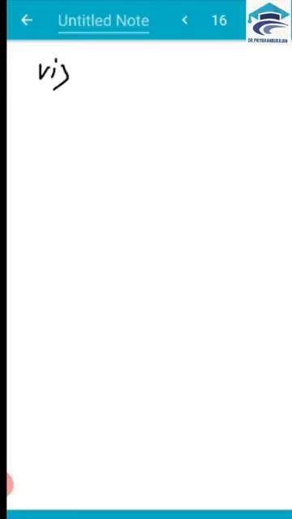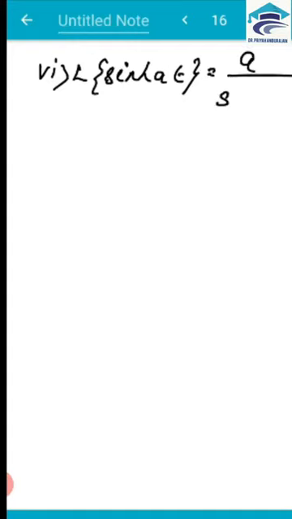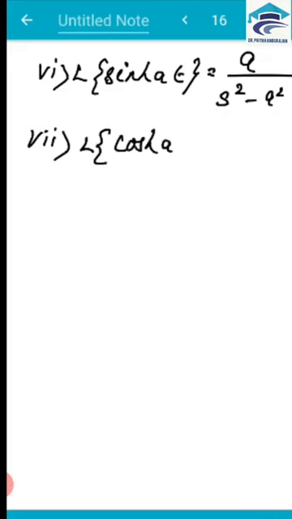And our sixth formula is L of sinh at is equal to a by s squared minus a squared, and L of cosh at is equal to s by s squared minus a squared.